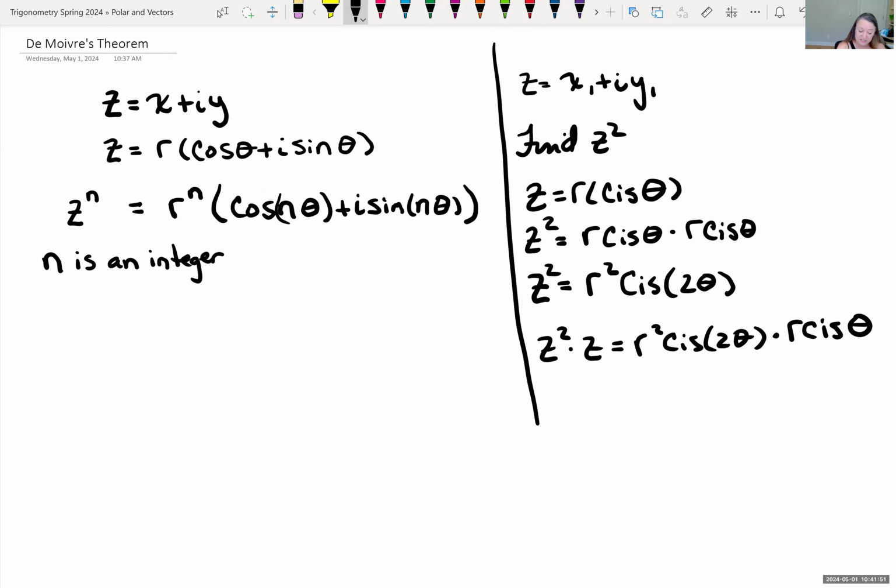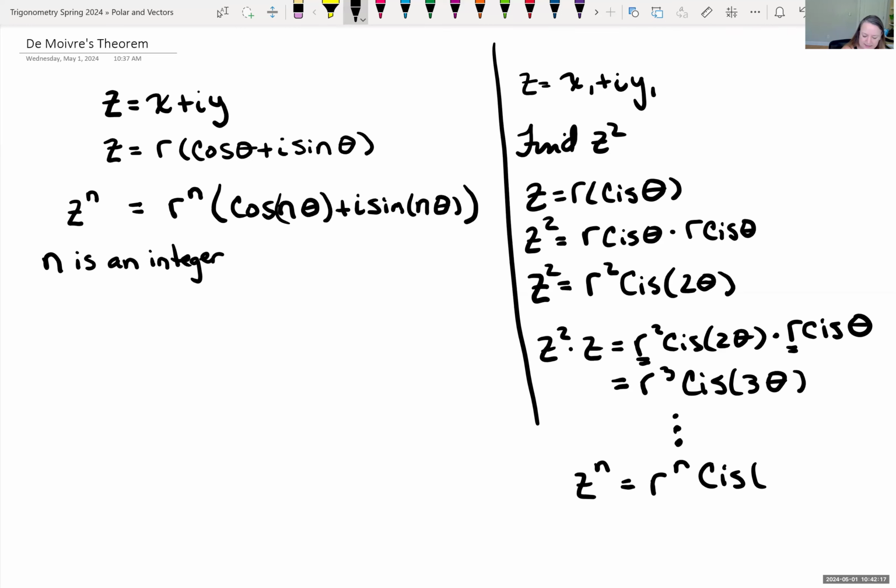Using the rules, if we're multiplying two complex numbers, we add our angles, and we have r squared times r is r cubed cis of 3 theta. So we can see that as we go down and we have the nth power, this is going to be r to the n cis n theta.